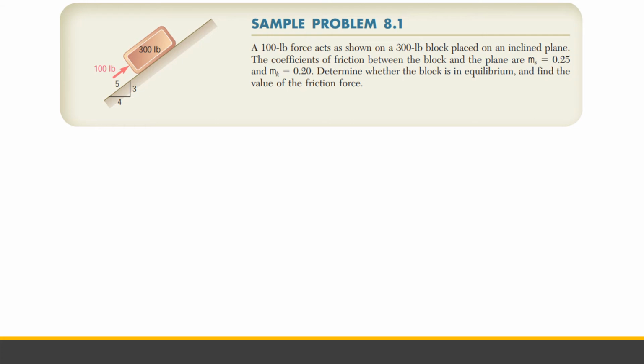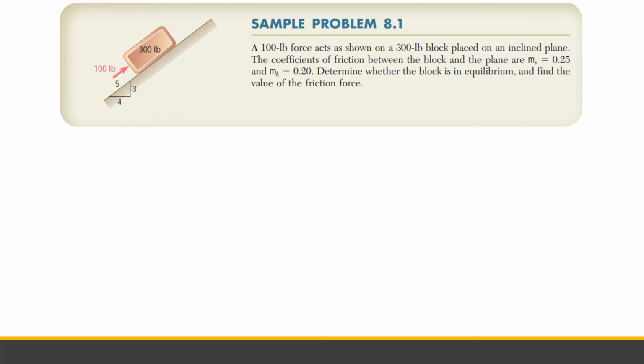So this type of problem is under our group 1. The coefficients and forces are given and you are to determine whether the block is in equilibrium and find the friction force. So we have here a 300-pound block. We have to determine if it is in equilibrium, or if it slides, or if it goes upward. We first determine the value of the friction force required to maintain equilibrium.